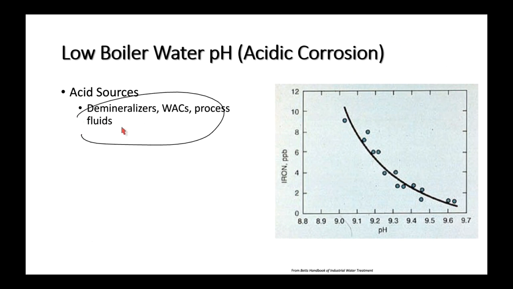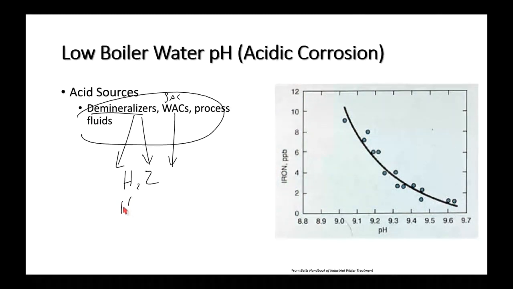Now, where does the acid come in? Well, maybe we've got a demineralizer, or a dealkalizer, or a SAC, or a WAC, and each one of those is going to have some sort of hydrogen zeolite softening, which we regenerate with H2SO4, and we have to make sure that we rinse it down after a regen.